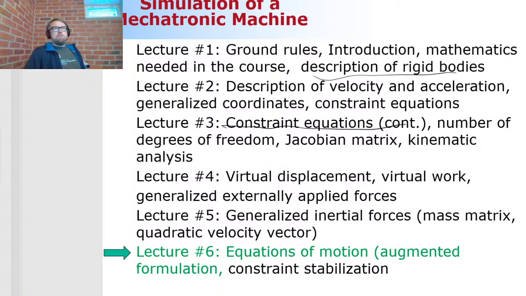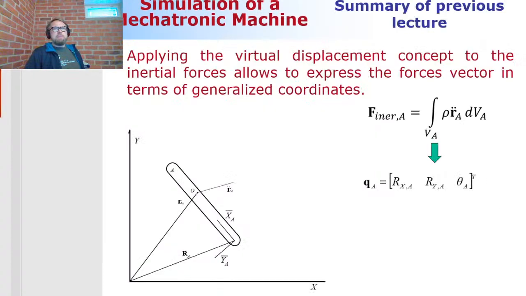With that, let's move on and look a little at what we discussed last week. The week before last, we looked at how the externally applied force can be expressed in terms of generalized coordinates. Last week, we did this painful thing where we converted the inertia forces to be expressed in terms of generalized coordinates.